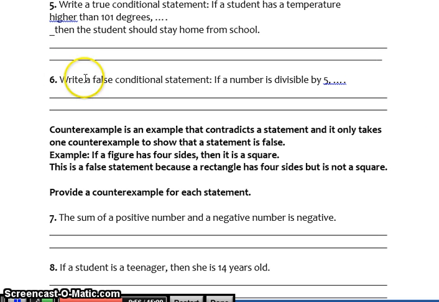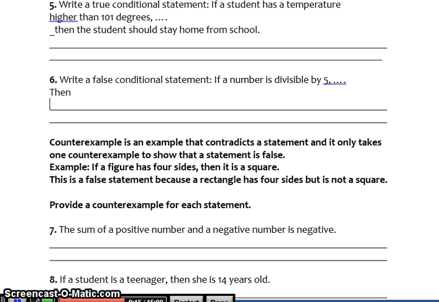And finally, for number 6, we want to write a false conditional statement. So whatever our conclusion is, it needs to not work with the premise or the hypothesis. So our hypothesis is if a number is divisible by 5, and we need a conclusion that starts with then. Now, if a number is divisible by 5, I know that it's going to be a composite number, right?